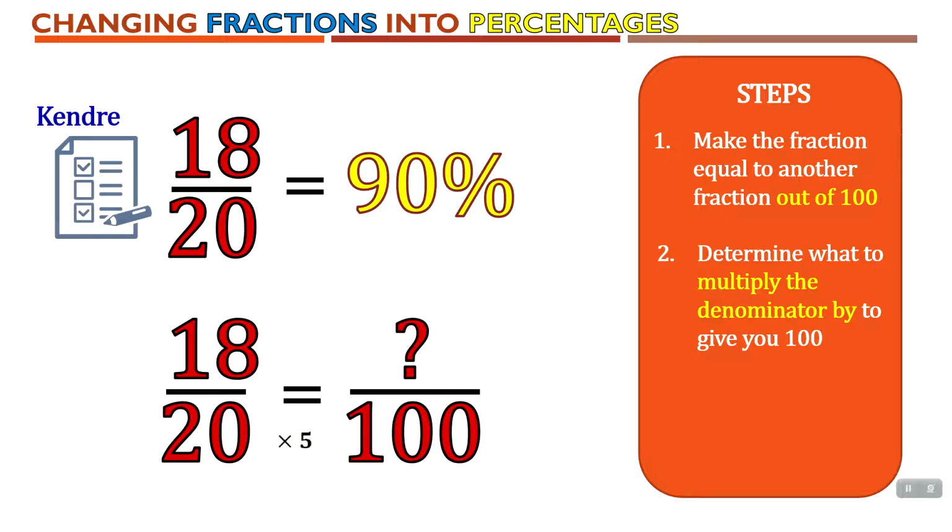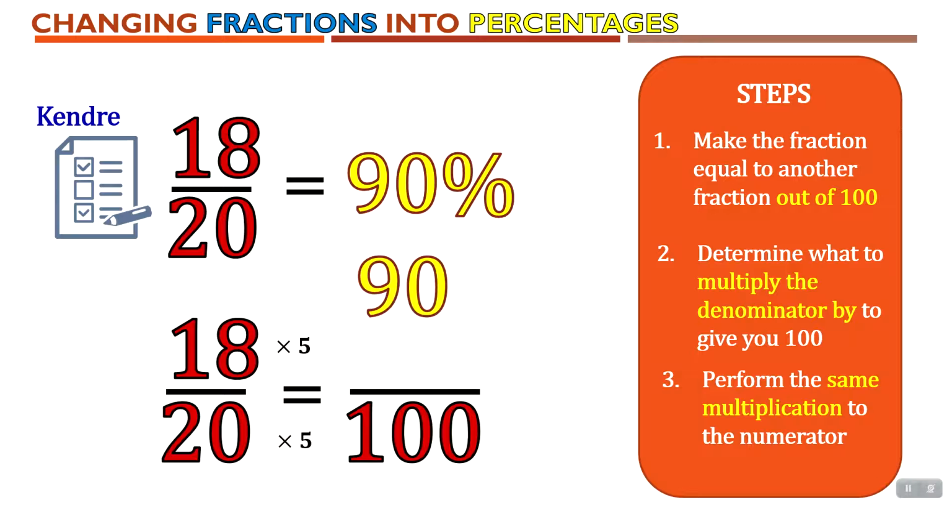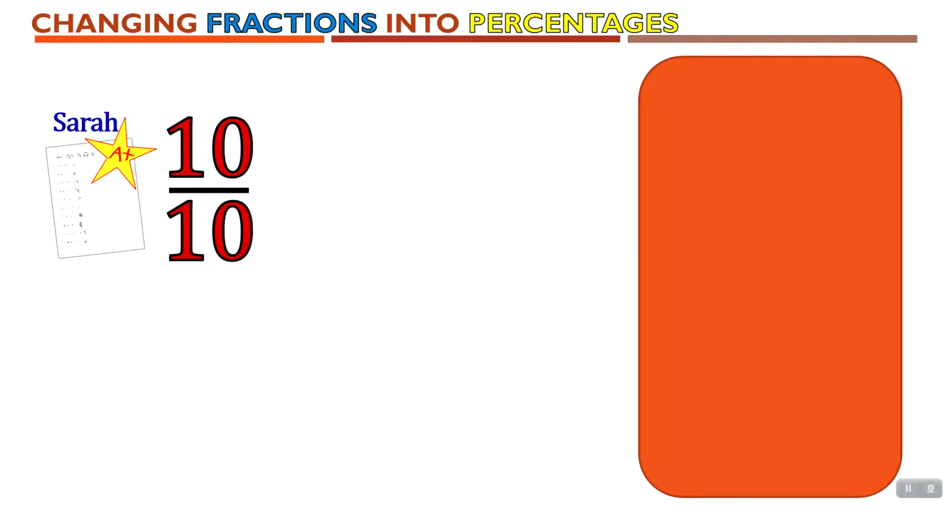We know that 20 times 5 is 100. And step 3 says perform that same operation of multiplication to the numerator. 18 times 5 is 90. So Kendre and Stella are both correct. They both got 90%.